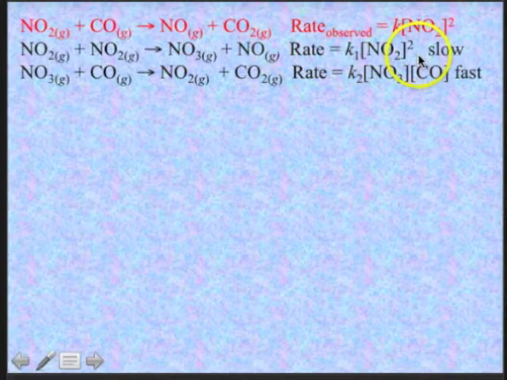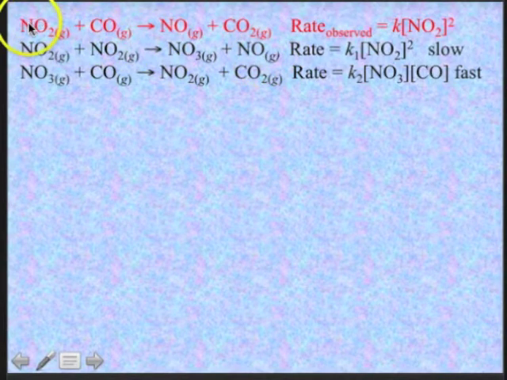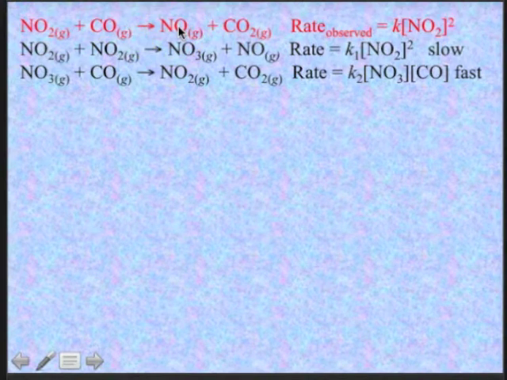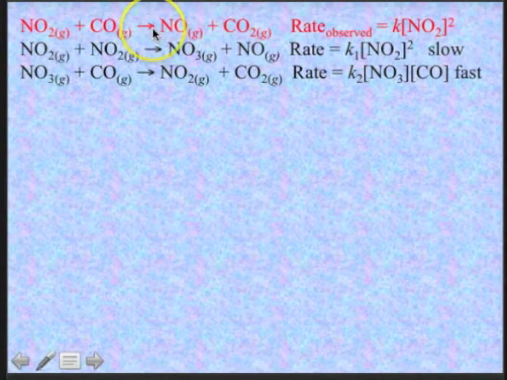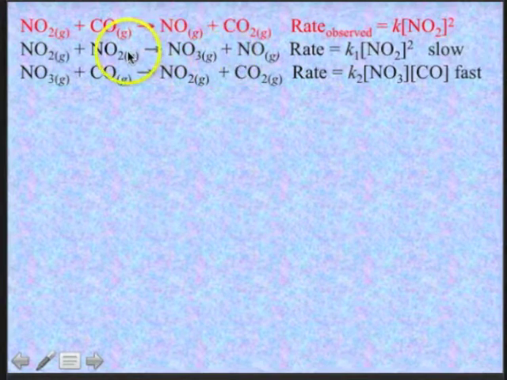We can write this rate law because this is an elementary reaction. You can write rate laws from elementary reactions. You can't write them directly by looking at an overall reaction. You have to go in the lab and prove it. But in elementary reactions, you can write a rate law based on the elementary reaction.